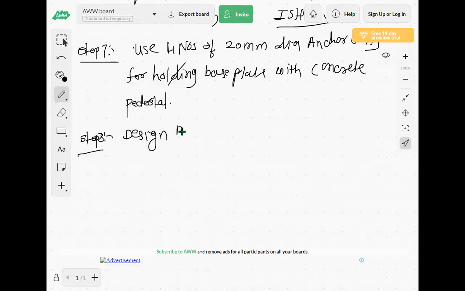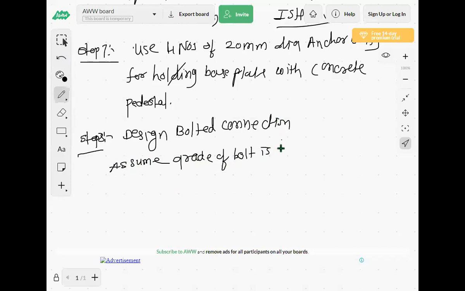So while designing the bolted connection, we have to first assume the grade of bolt. We will assume 4.6 grade, and in the problem statement a 20 mm diameter bolt is given.